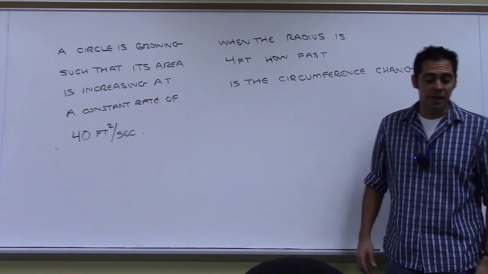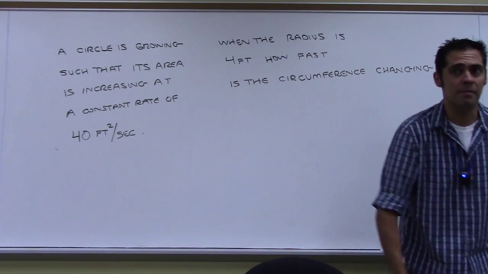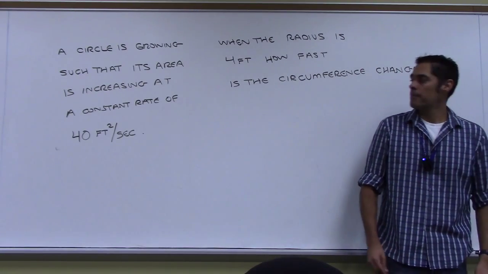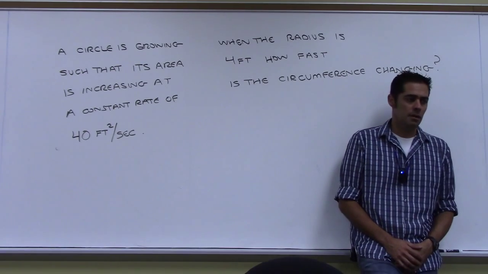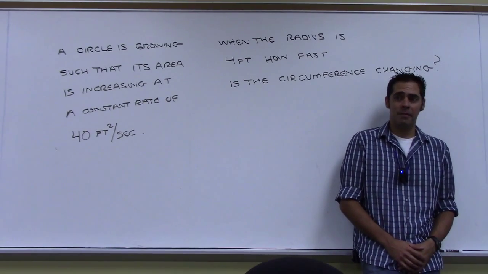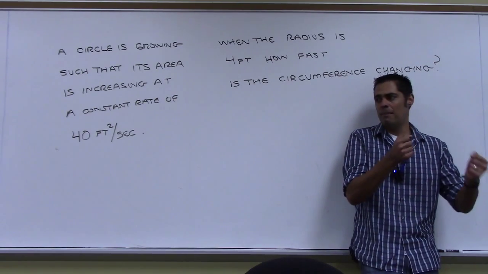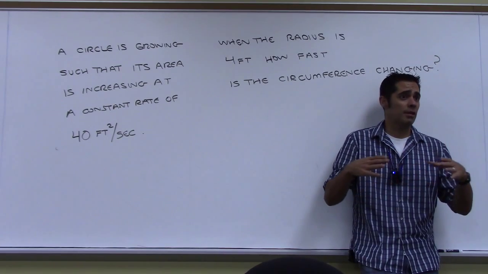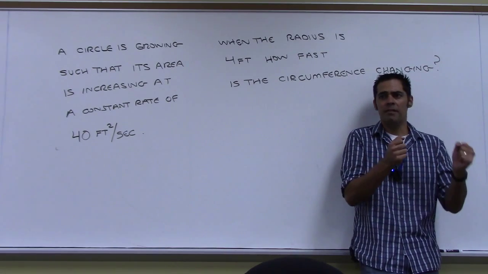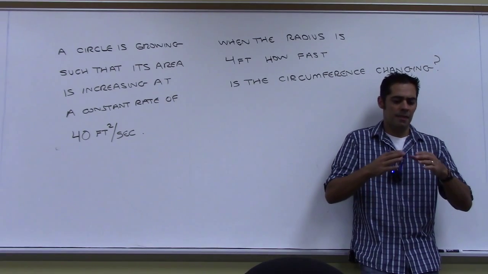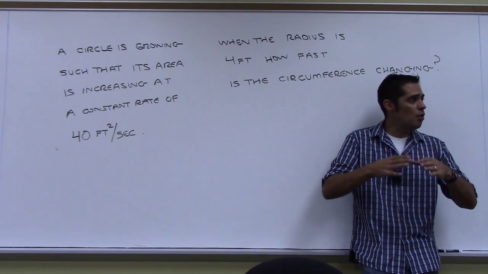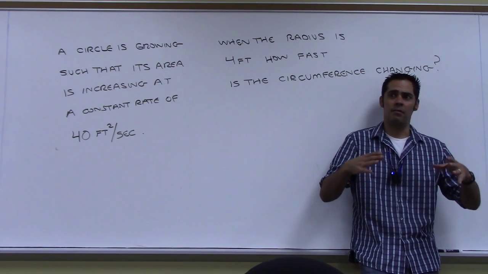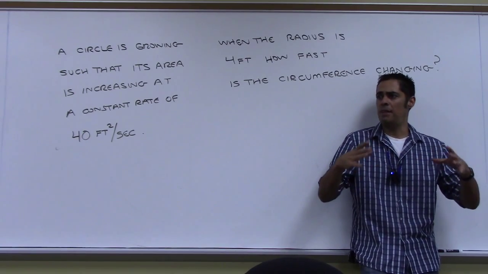So this problem is very different from the one we had before. In the one we had before, I was pouring paint onto the ground and the circle was growing, but I was pouring the paint in such a way that the radius was always increasing by 2 feet every minute.